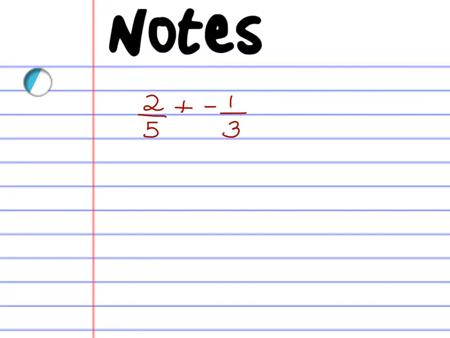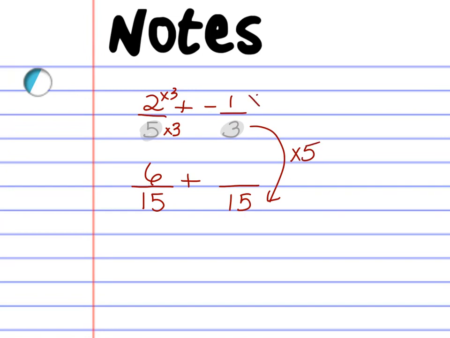So let's take another one like that. If I look at the denominators in this case, I have a 5 and a 3. If I count by 5s and I count by 3s, I get a common denominator of 15. If I rewrite 2/5, I could think of 5 groups of 3 is 15, so 2 groups of 3 is 6/15 plus how many groups of 3 is 15? 5 groups of 3 is 15, so 5 groups of -1 is -5.